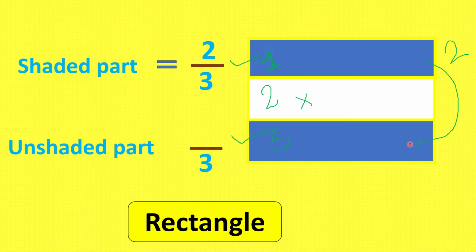So we write it up on the slippy line like that. And don't forget to use the mathematical symbol, which is equal. How do we read it? The shaded part equals 2 upon 3. The unshaded part equals 1 upon 3.